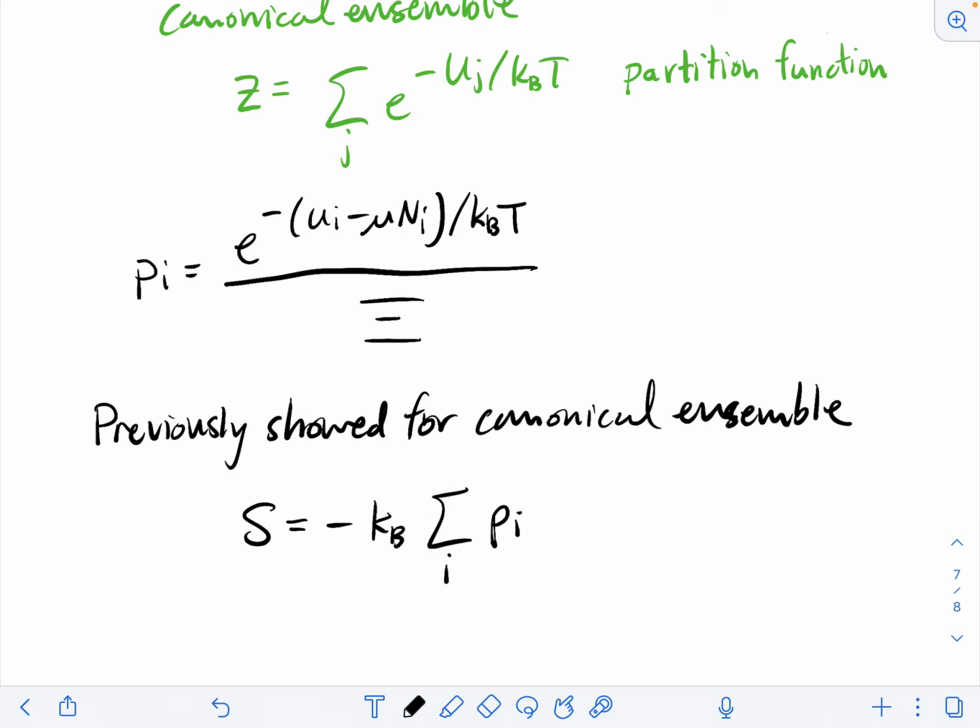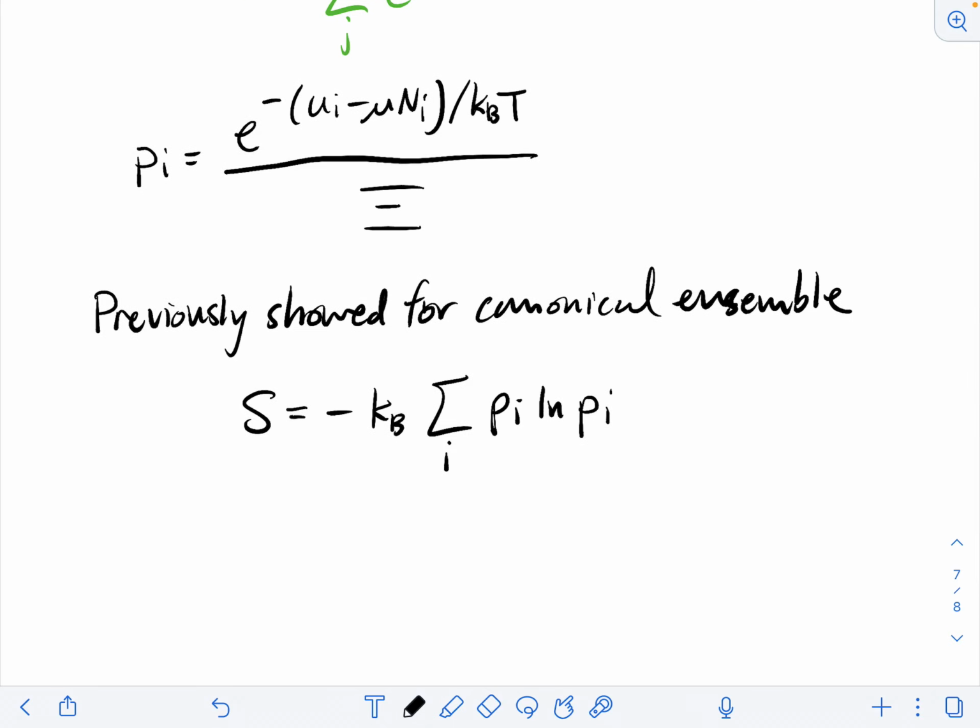So this probability is used to determine the entropy. We could go through exactly the same type of argument, which I'm not going to repeat, but the argument follows the exact same line of reasoning for the grand canonical ensemble.